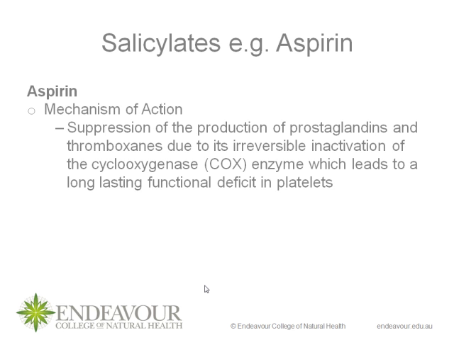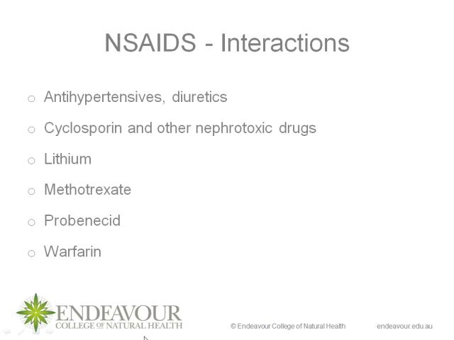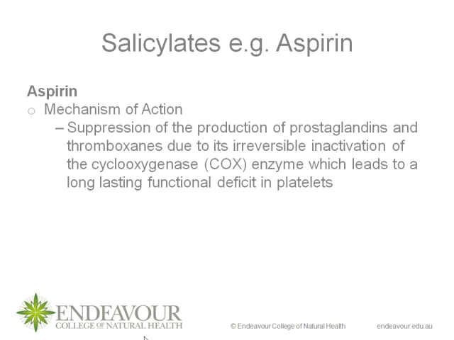Because it operates via the COX-1 pathway, it has those effects on clotting. It can lead to a lasting deficit of platelets, a thrombocytopenia. So this is one of the contraindications then specific to that particular drug.